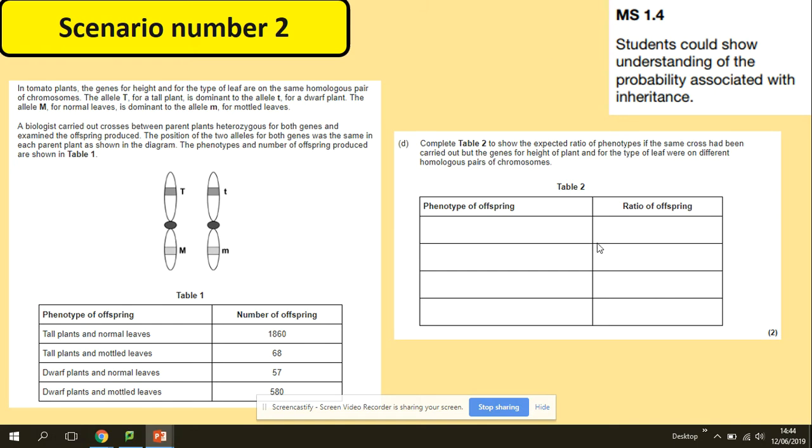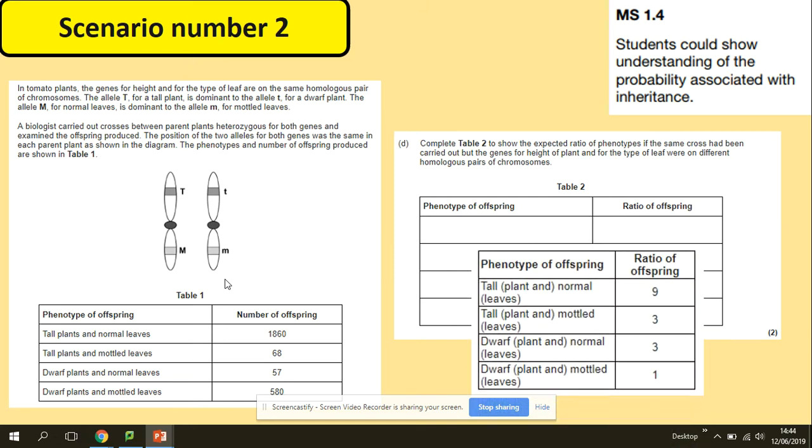But the question is asking you to complete table 2 and show the expected ratio of phenotypes if the same cross had been carried out, but the genes were on different homologous pairs of chromosomes. In other words, they are not linked. So to remember the ratio, that would then be a normal dihybrid cross.